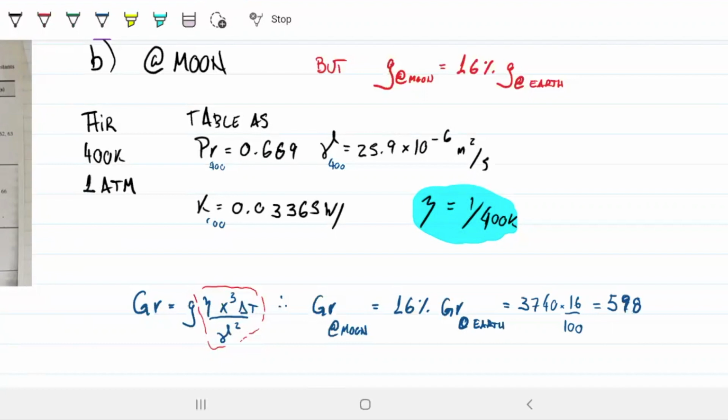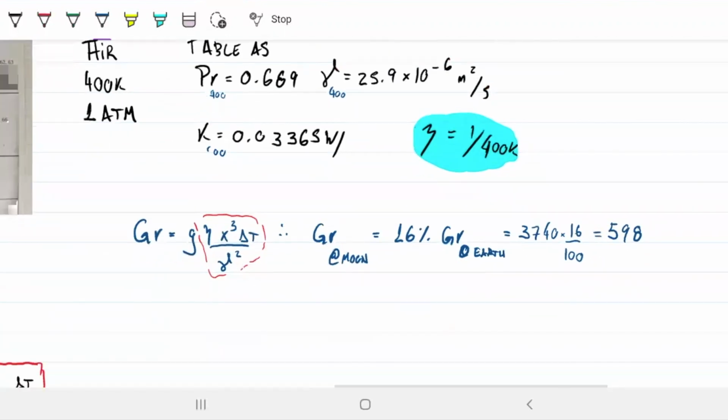Okay, so only 16% of what we had originally. And if that's the case, we can calculate Rayleigh. Rayleigh is going to be a new number, not because Prandtl changed, but because Grashof changed. And Rayleigh becomes 412.